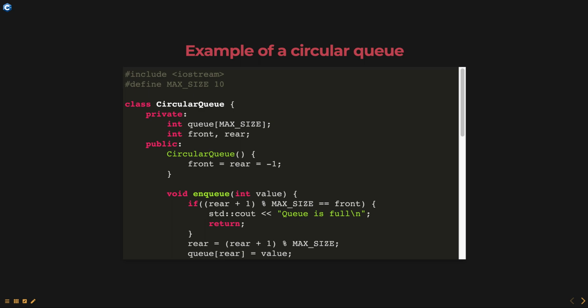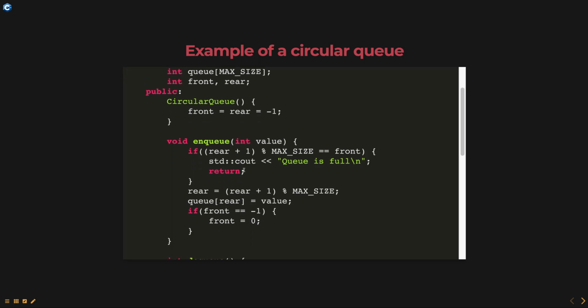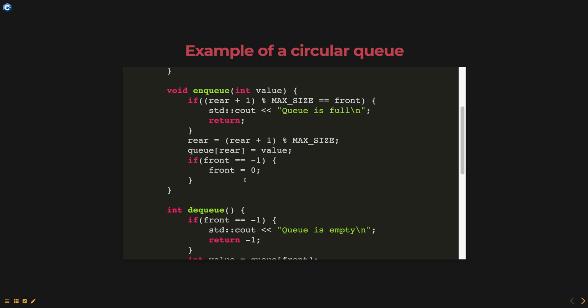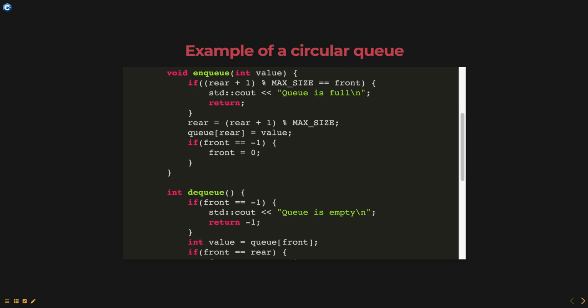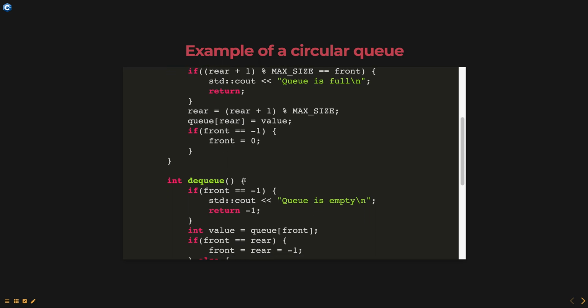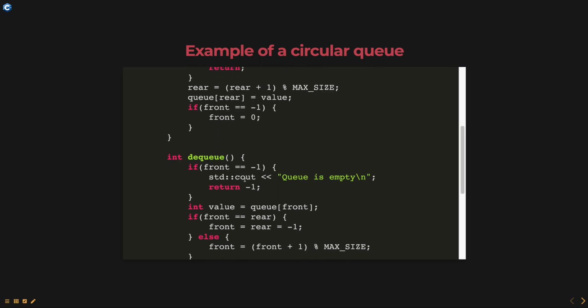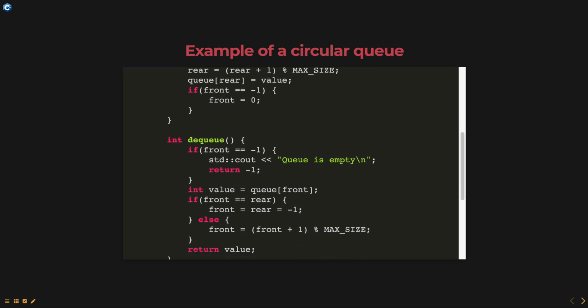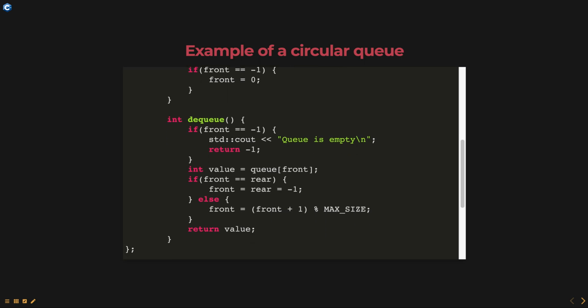The enqueue function adds a new element to the rear of the queue, while the dequeue function removes the element from the front of the queue. The implementation uses the modulo operator to handle the wraparound case, where the rear index reaches the end of the array and wraps around to the first position.